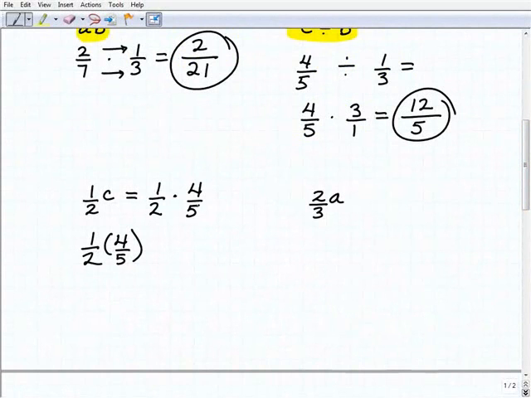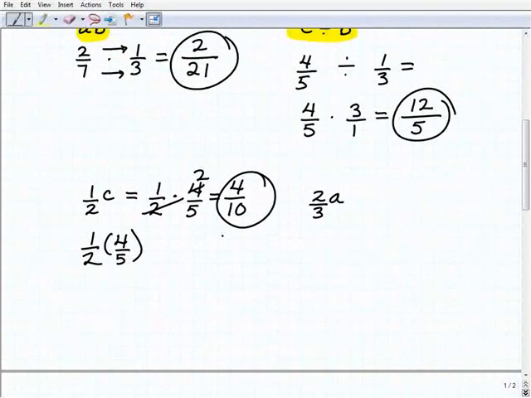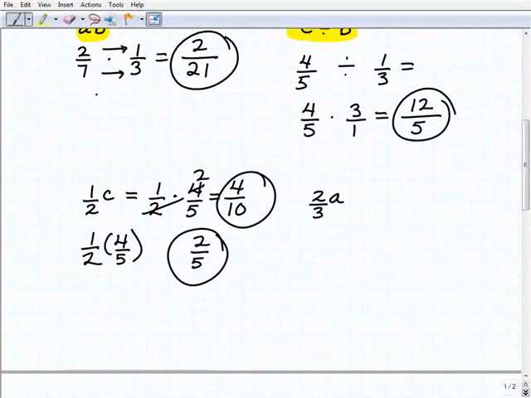All right, so let's go ahead and do this here. This would be 4/10 is our answer. But is that fully reduced? Nope. Our answer is going to be 2/5. Okay, that's our product when it's fully reduced. All right, not 4/5, not 4/10, 2/5.